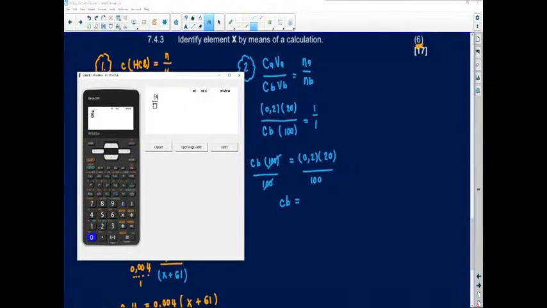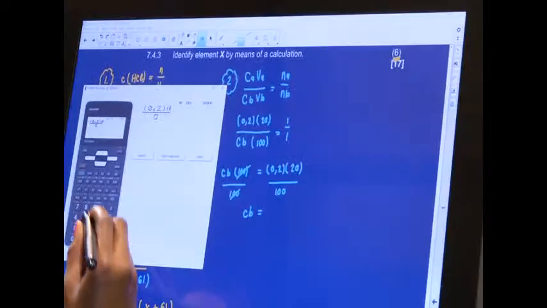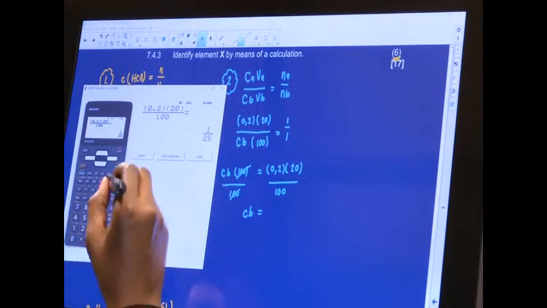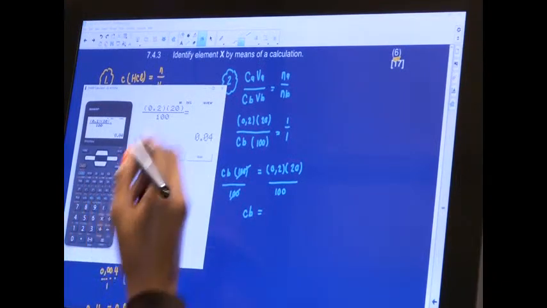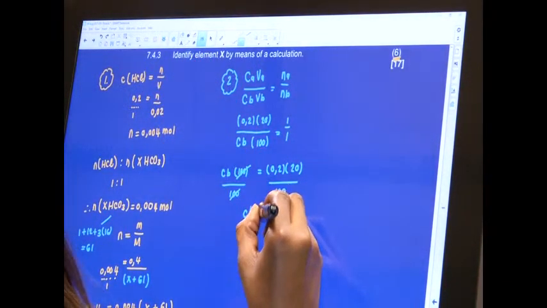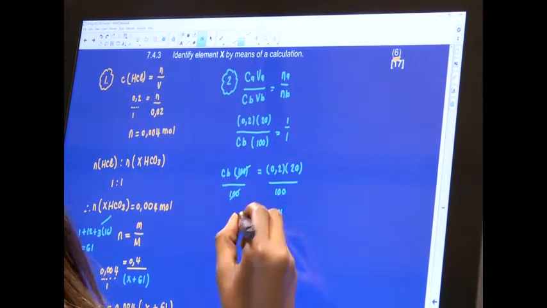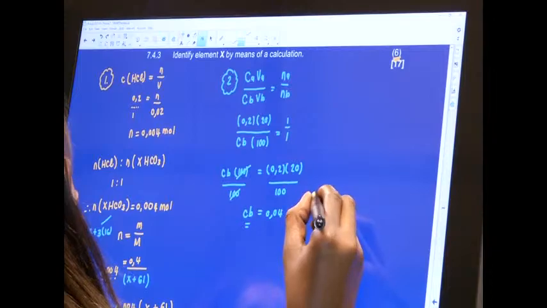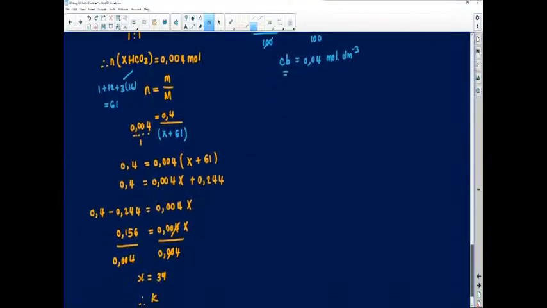I can just do it once. I've got 0.2 and I've got 20, and that is all over 100. And therefore I get the 0.04, and that is concentration. 0.04 concentration, the SI unit, is mole per cubic decimeter. So now I found the concentration for the unknown.